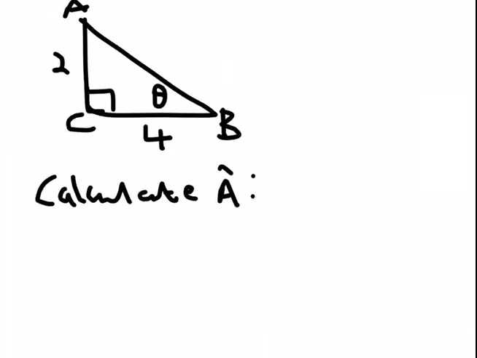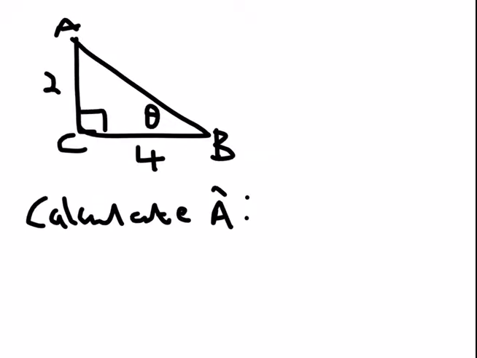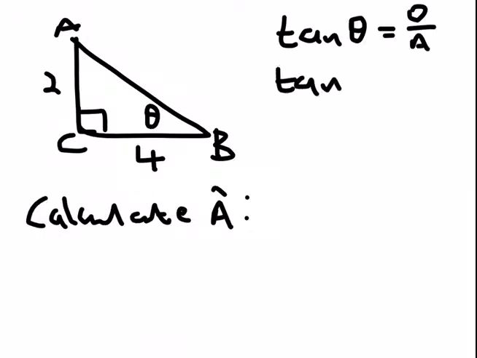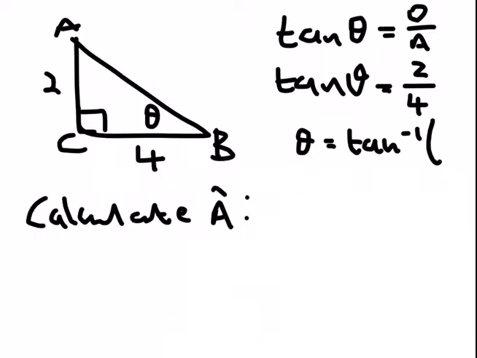Maybe let us see how we can work it out. By now, I can see that I have opposite, I have adjacent. The trigonometric ratio to use is definitely going to be tan. Then I'll say tan of an angle will be equals to opposite over adjacent. So tan of an angle is equals to opposite being 2 over adjacent being 4. So now it means the angle is going to be that of 2 over 4.